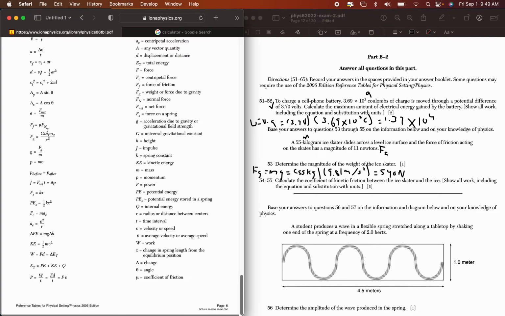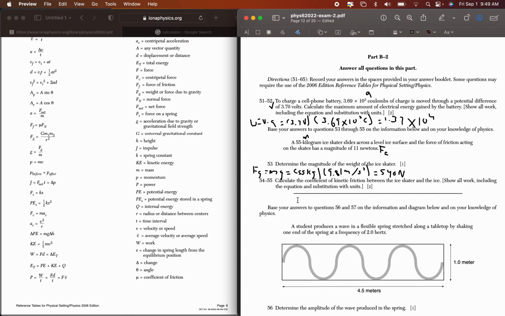So what we can do, solve for mu, you get mu equals the force of friction divided by the normal force, which is equal to, we have the force of friction, which is 11 newtons, divided by the normal force, which is 540 newtons.